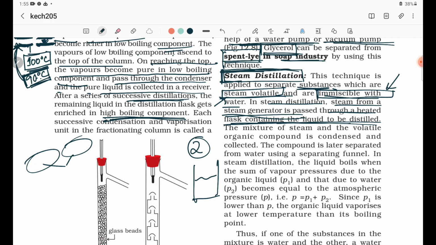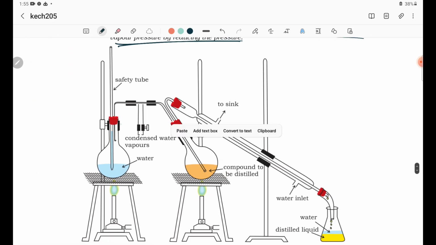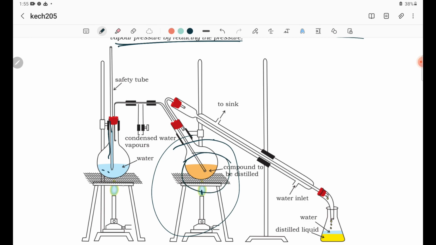There is a liquid which we need to distill. So what we will do? Using a steam generator, we will pass steam into this heated flask. So first I will heat it. See here the diagram is there. This is the liquid, this is a heating flask. From here we are passing steam through this liquid.